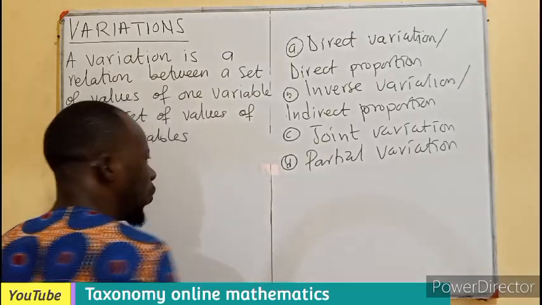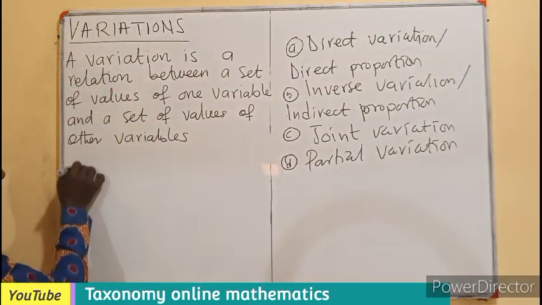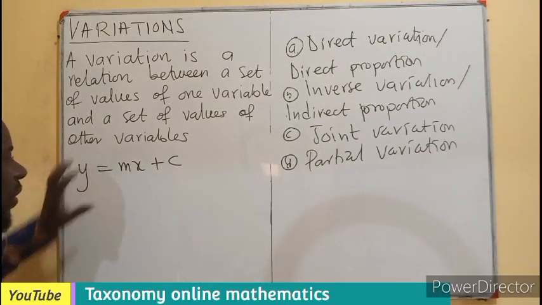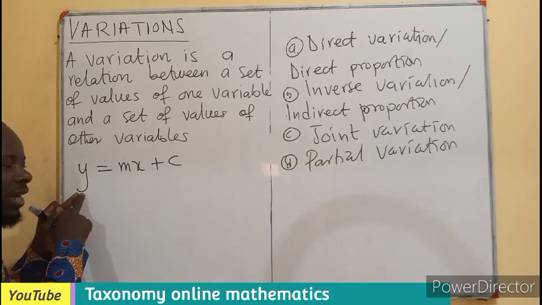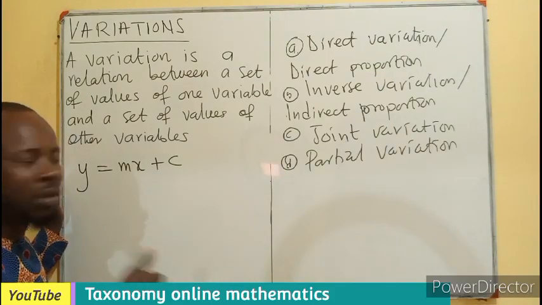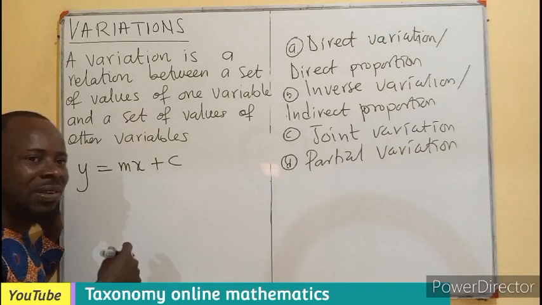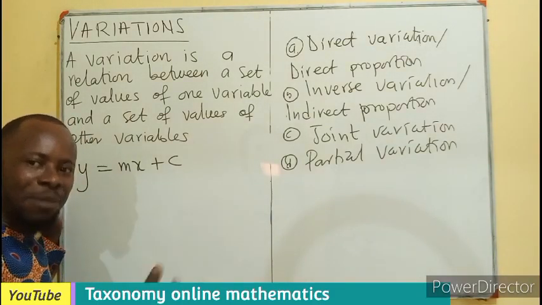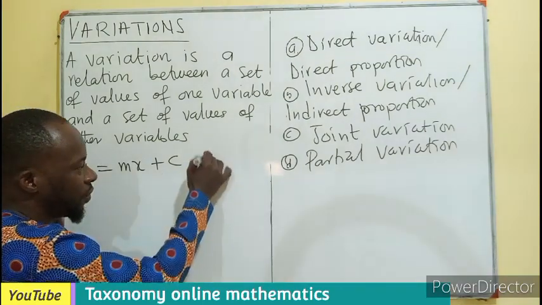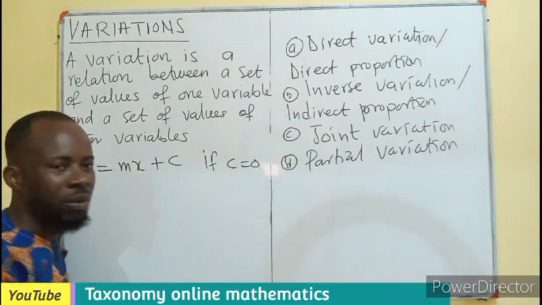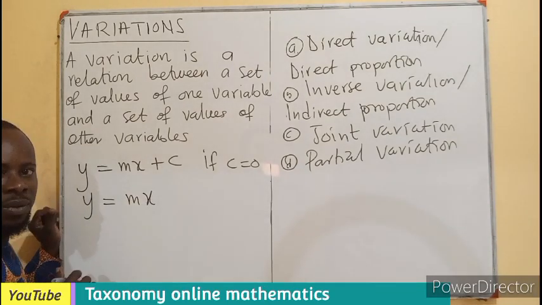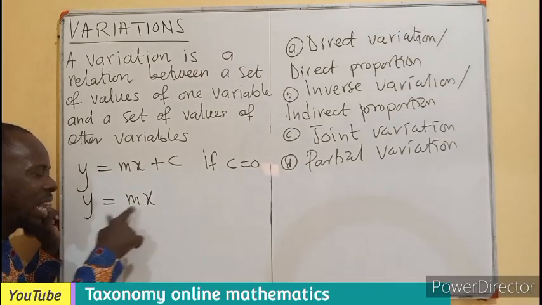So if, for example, we take the equation of a straight line, using y and x as the variables, we want to see its variation, its changing. If m is a term that cannot be 0, but c becomes 0, then y will be equal to mx. Here I want to compare the y and the x.